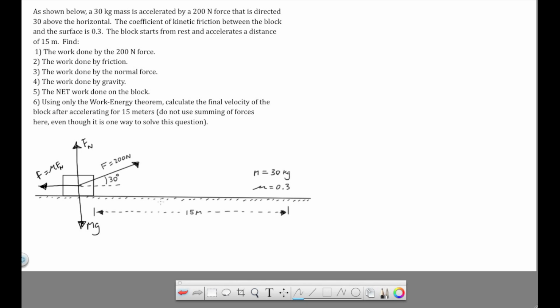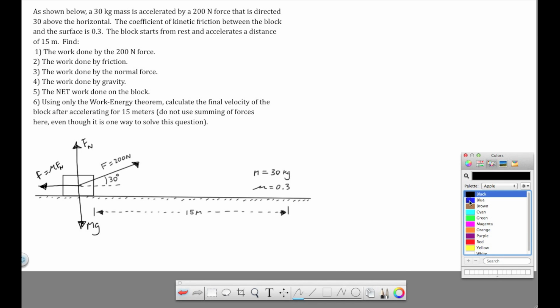Okay, and then the other thing I want to do is, this 200 Newton force is not perfectly x and it's not perfectly y, so in a different color I want to show the components. So this represents the x component of the 200 Newton force, and this represents the y component.